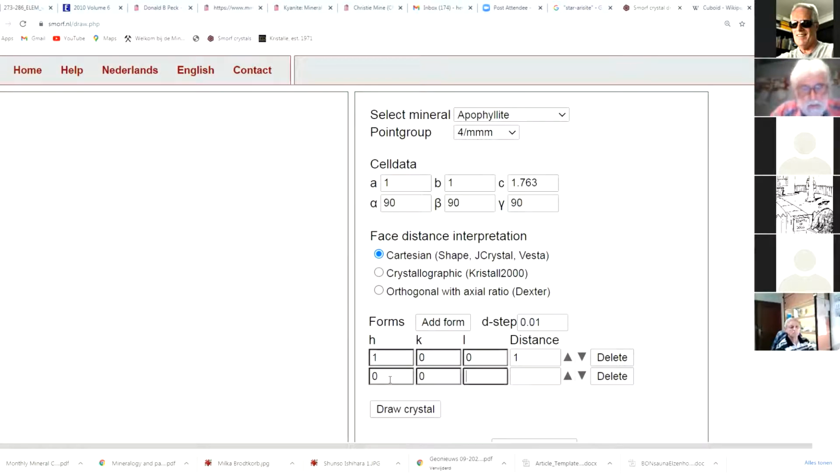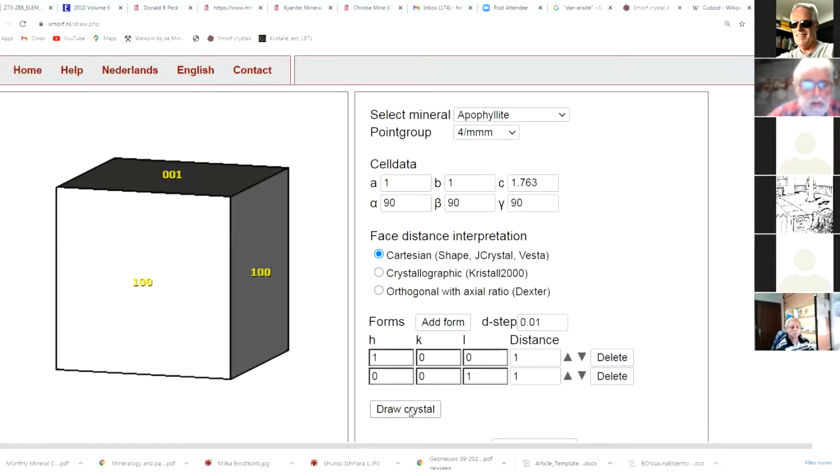So the faces that are missing are the 001 face and the 00-1 face. Okay, together they are the 001 form. So if we draw the crystal now, there you have that.